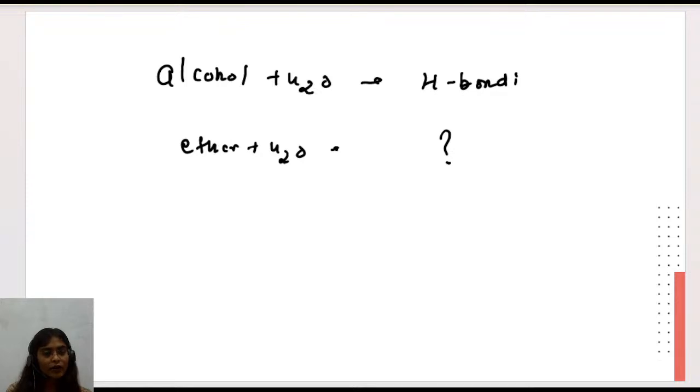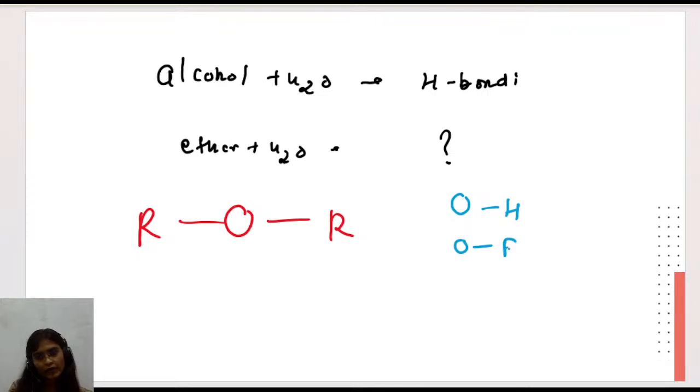Look at this. This is my ether molecule. As we just discussed, the ether molecule has no hydrogen bonding, because you already know that hydrogen bonding occurs with O-H, N-H or F-H. So basically HF, HN or HO have this kind of hydrogen bonding.